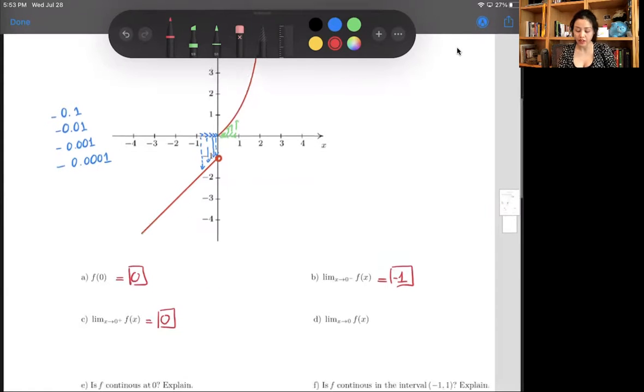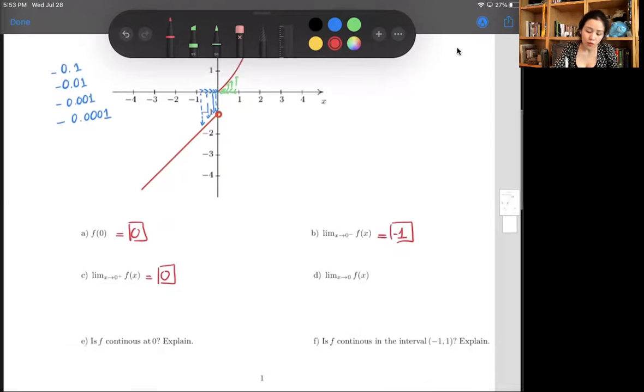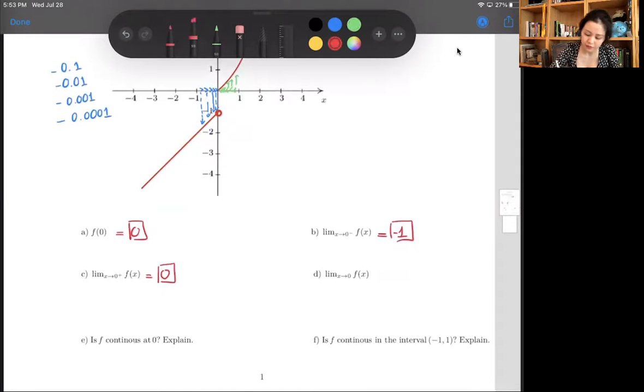Part D is the limit as x approaches 0 of f of x. When they ask you the limit as x approaches a number, it means it approaches from the left and from the right.